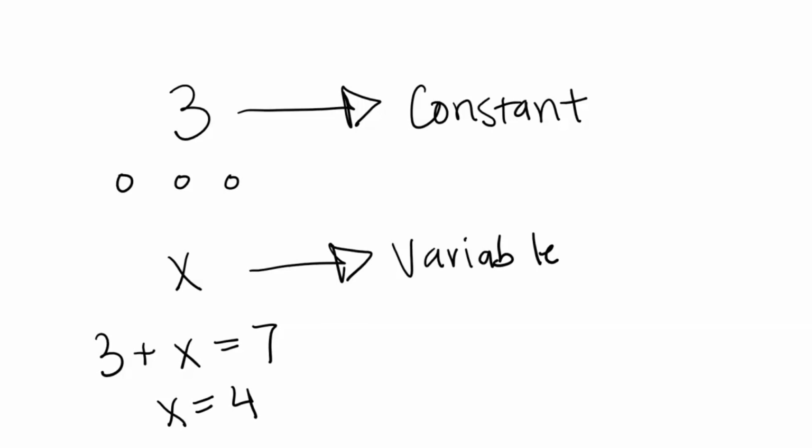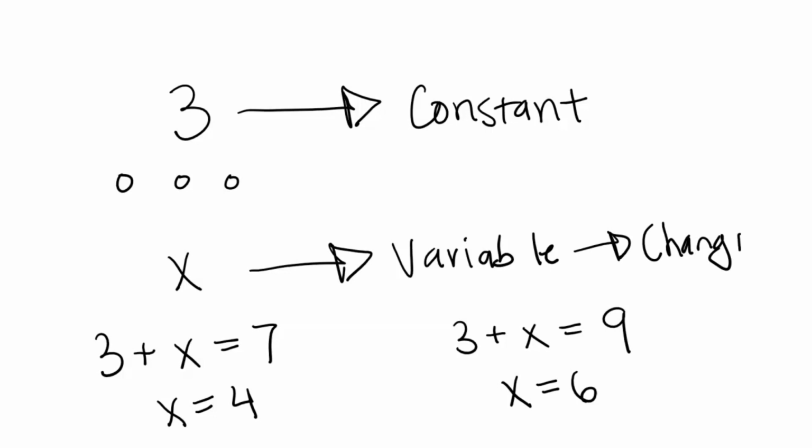But if we have another equation, like let's say 3 plus x equals 9, then in that equation, the value of x would be 6. So the value of x is not always the same. It changes depending on the equation. So that's why it's called a variable, because variable means changing.